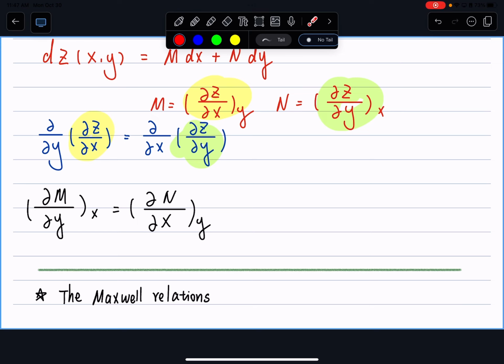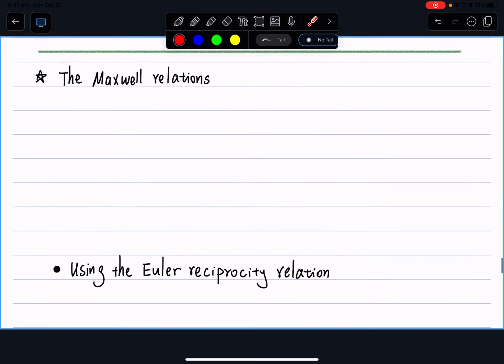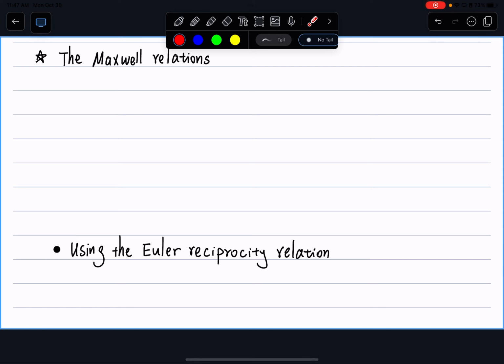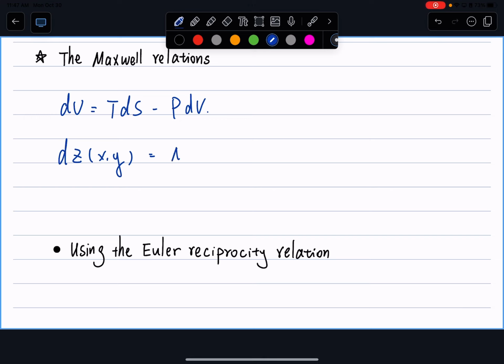So let's use our internal energy as an example. When we have dU = TdS - PdV, and remember what we just derived using the Euler equations is dz as a function of x and y equals M dx + N dy.